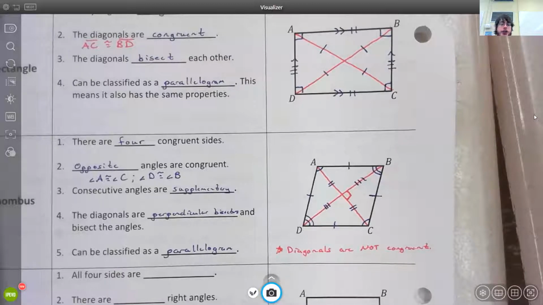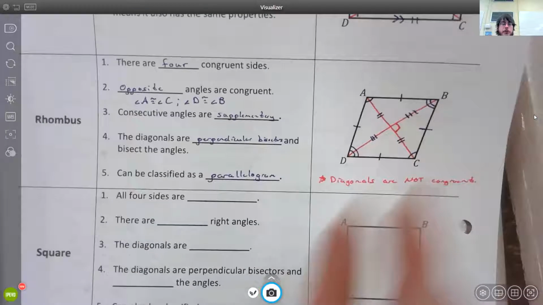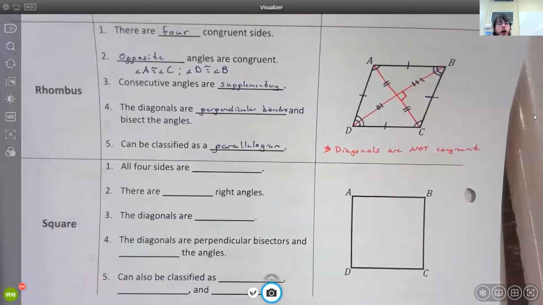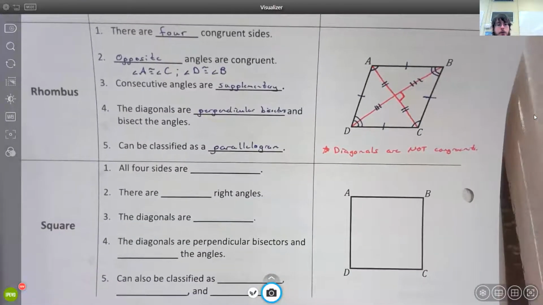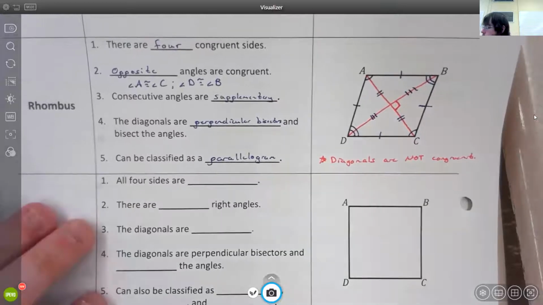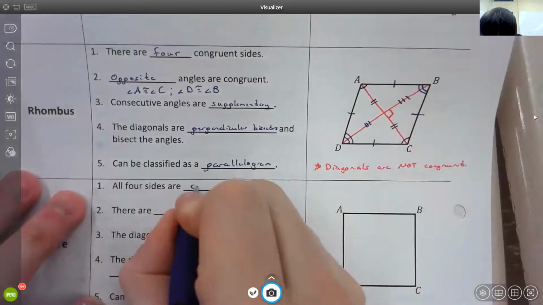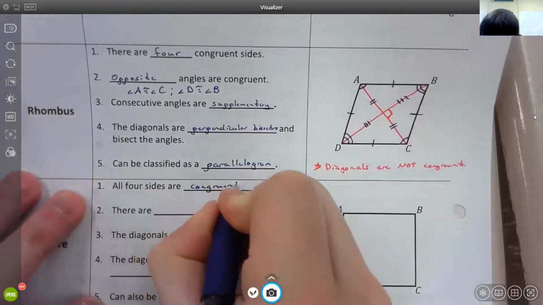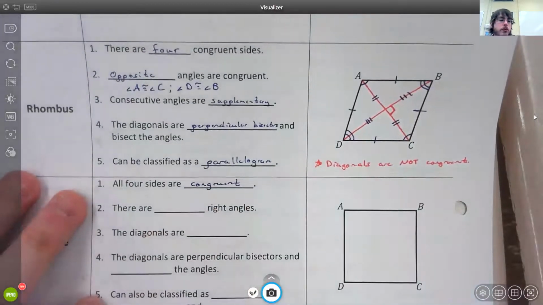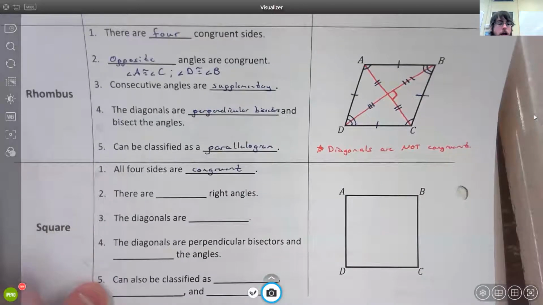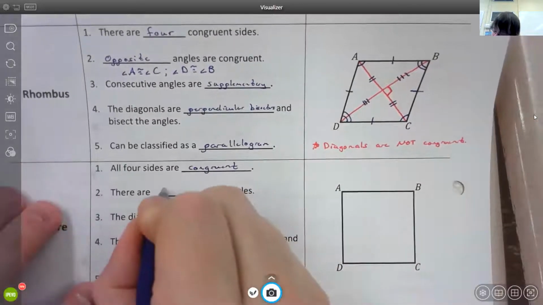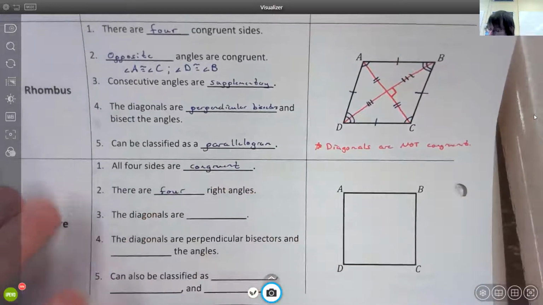And then our last shape that we're going to be talking about in detail, and the one that everybody should be relatively familiar with, is a square. Just like a rhombus, a square has 4 congruent sides. So all 4 sides are congruent. And just like a rectangle, a square has 4 right angles.